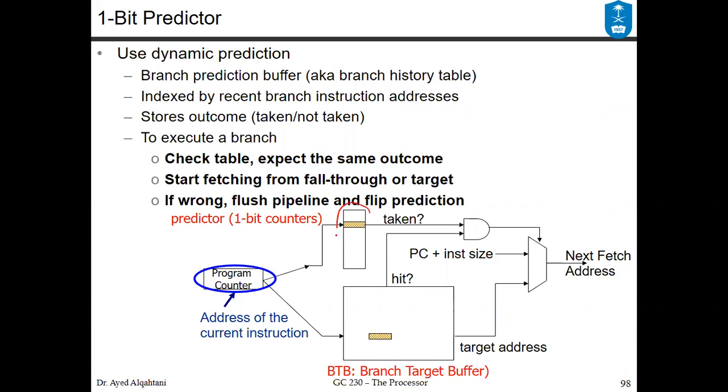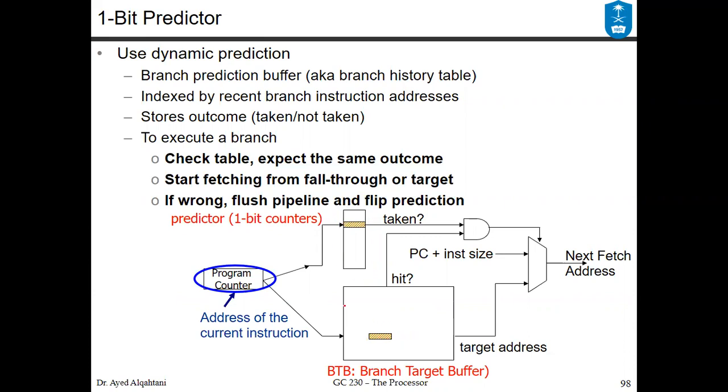Also with the history, you have the branch target buffer, or the BTB. This reduces the cost of having to calculate the target address each time you have a branch. So instead of recalculating every time this happens, you calculate it once and then you store it inside this buffer.